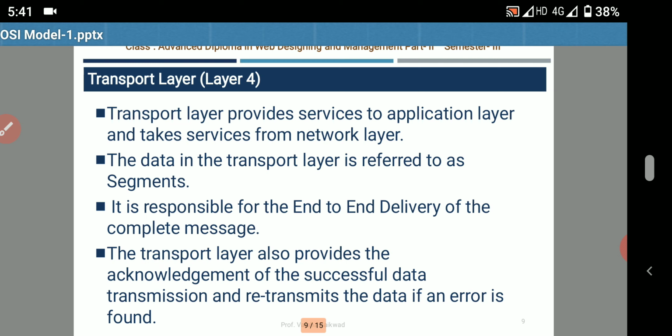Transport layer performs segmentation. In segmentation, data which is received is divided into segments. Means bigger data is divided into smaller parts or smaller segments. Okay, so everything is defined here, like the source address, the destination address and the port number.